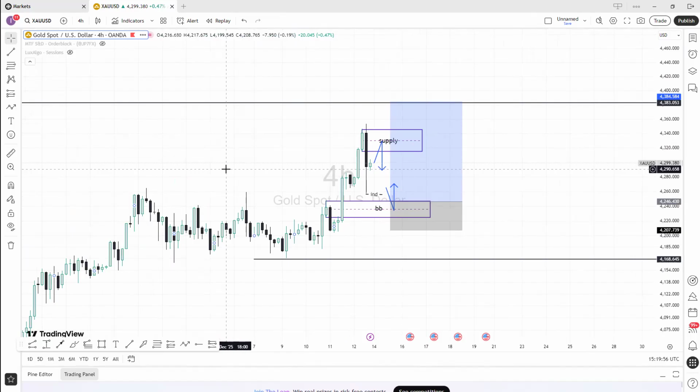So for next week, that is it. Gold, that is the key point of interest.